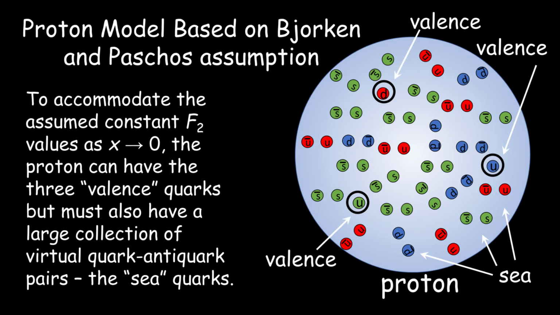The sea would be made of a number of up, down, and strange quark-antiquark pairs that momentarily pop into existence from energy within the proton, then disappear. Gell-Mann's quarks would be the so-called valence quarks, the quarks that define what the particle is.